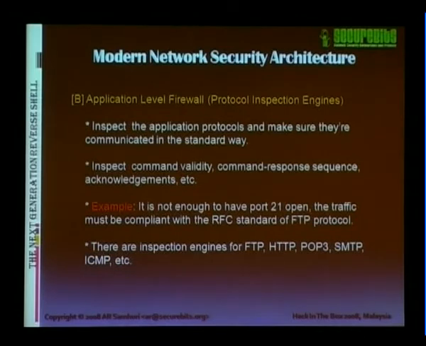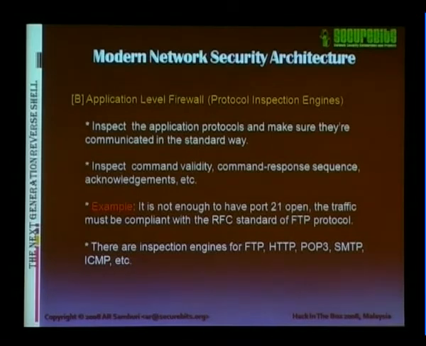The protocol inspection engine monitors protocols for standard implementation, which means if port 21 is open, it's not enough to send any traffic on port 21, because the protocol inspection engine is going to make sure that the traffic is exactly the standard FTP protocol. Otherwise, it's going to block it.